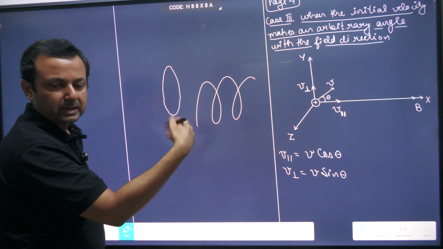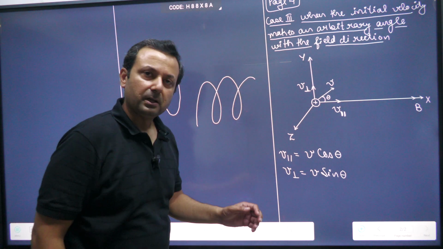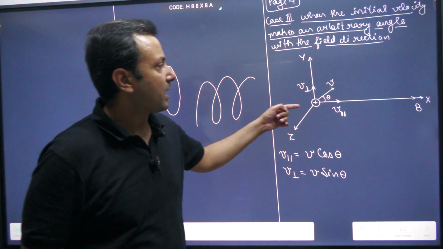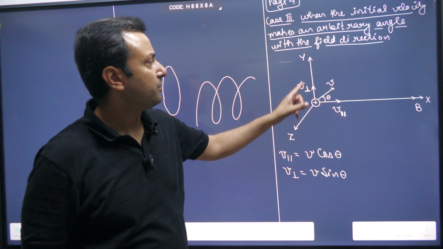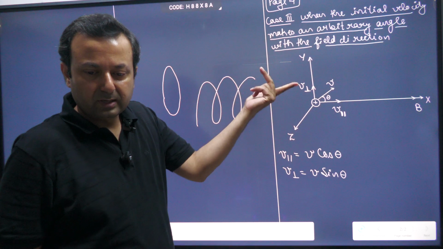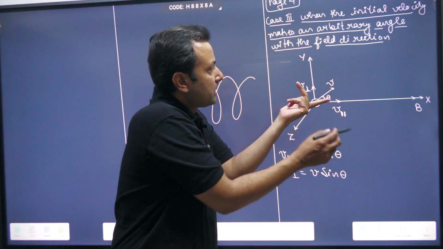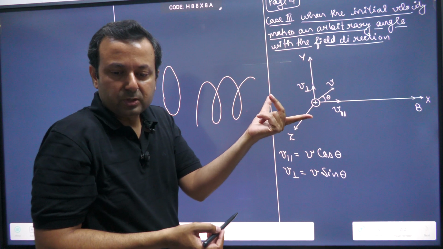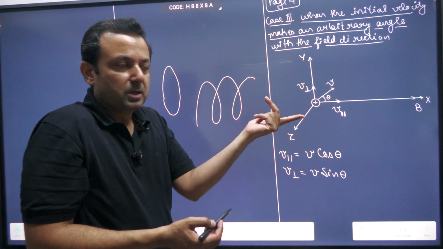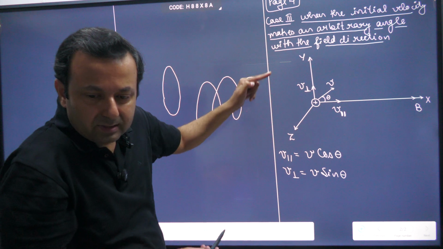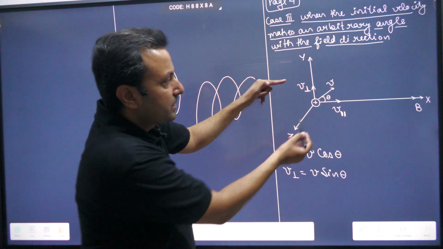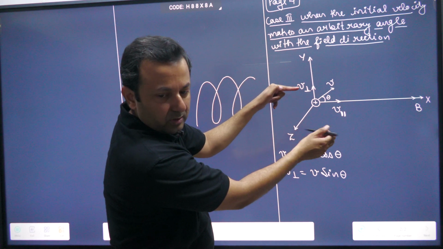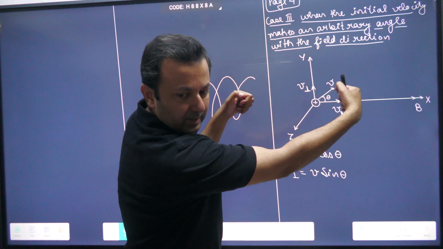It will form a helical path, because look, this magnetic field is in this direction and V perpendicular is in upward direction. So thumb is going into the page. So it will form a circle like this, only one circle. But this V parallel component, this horizontal component, is also pulling that circle like this.